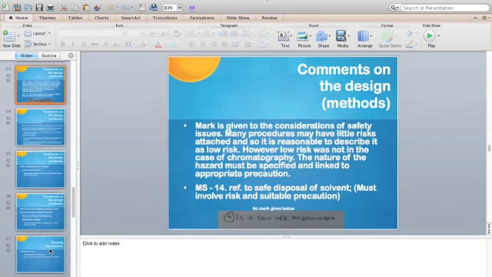Of course, in this case, no mark is given because of the low risk stated there, which is not true. But we should advise our students to state what the risk is and also to suggest what precautions they can take.